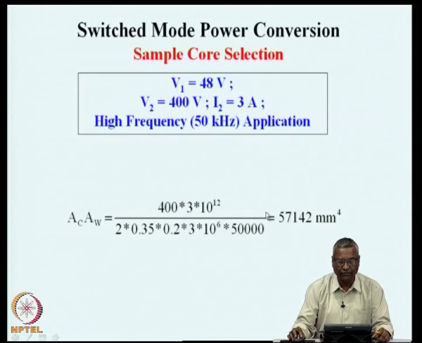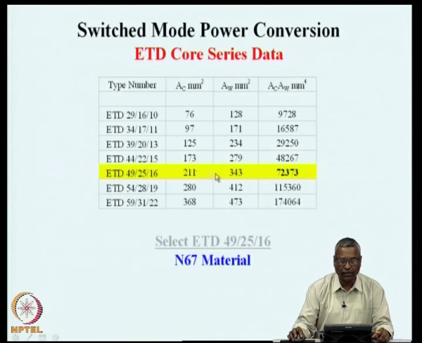For this 57,000, we could select a core which has an area product which is more than the required 57,000 millimeter power 4. Such a core has an area of core AC of 211 millimeter square and window area of 343 millimeter square, and the product is 72,000, which is more than what we need.